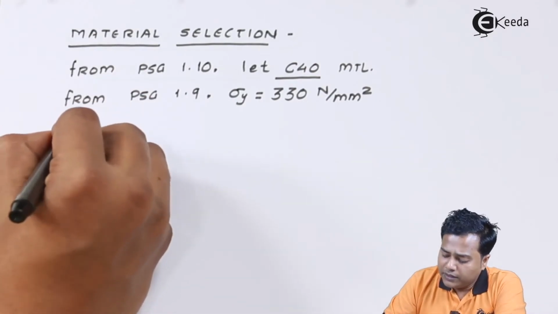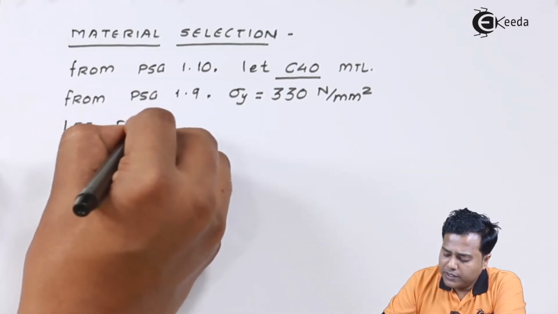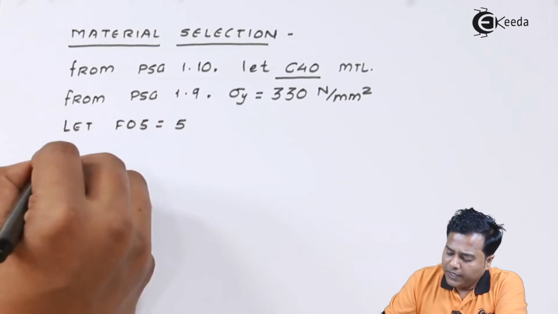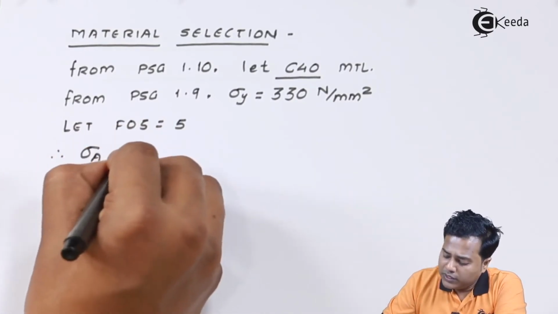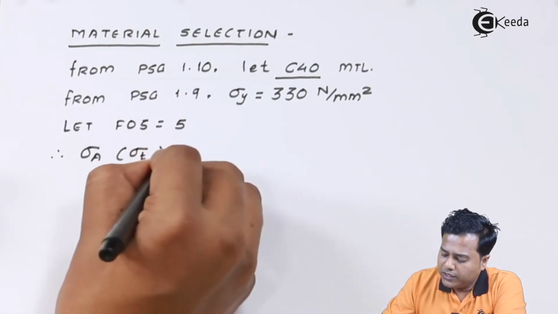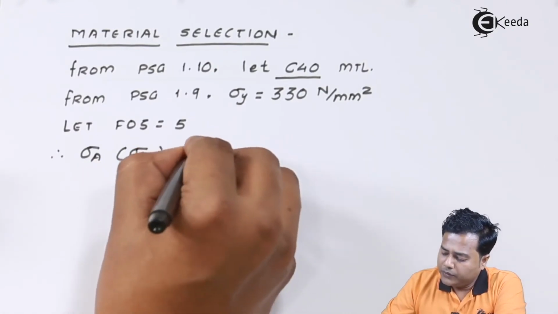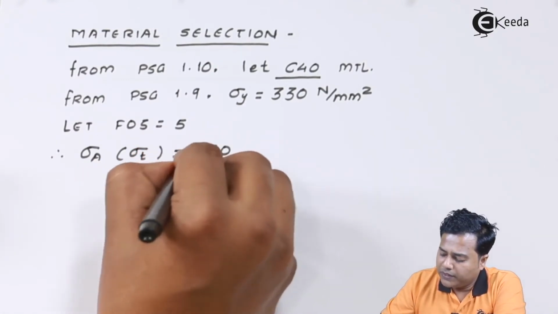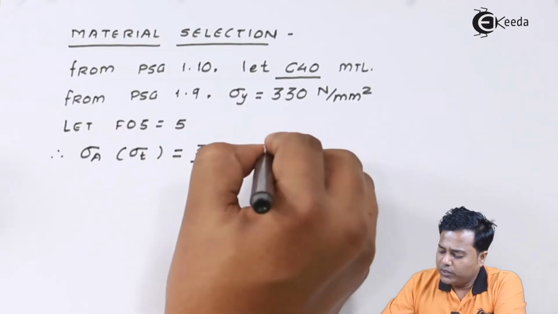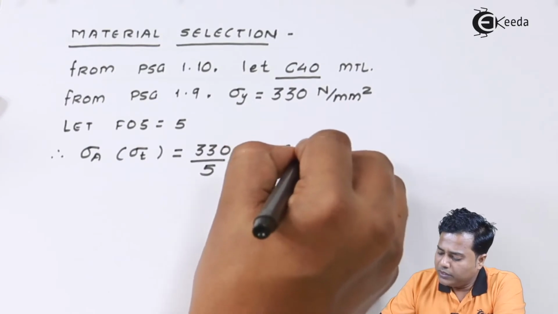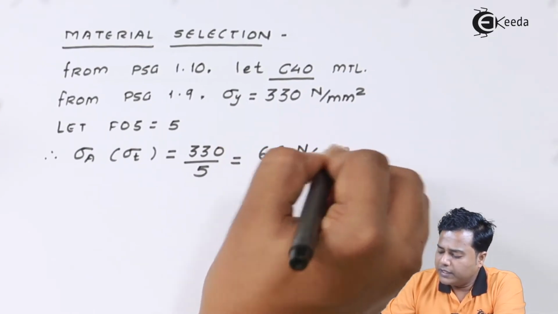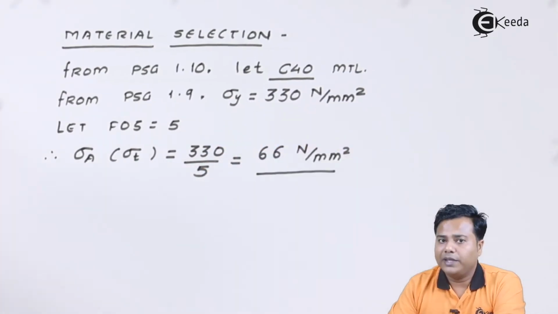So let FOS be equal to 5, and therefore your sigma allowable or sigma tension is equal to 330 divided by 5. So the value comes out to be 66 Newton per millimeter square is the allowable stress value that we have.